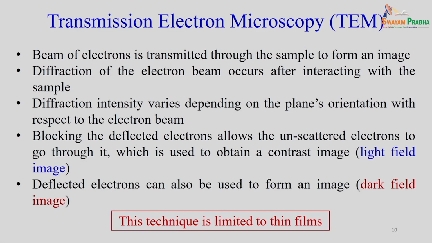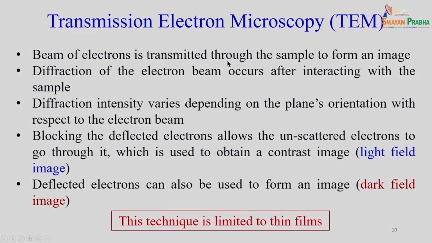So, after the SEM, next is the transmission electron microscopy. Here, as the name suggests, transmission means the electron beam is transmitted through the sample to form an image. So, basically apart from the surface, here the beam of electrons is transmitted, and if it is transmitting, there will be diffraction.